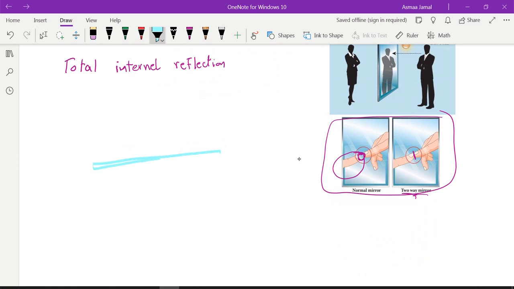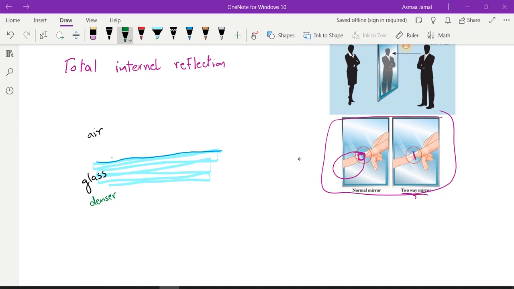Again, let's say we have the glass, and we have the air. Glass, of course, is denser than the air, and the air is rarer than the glass. This is the normal. If we have incident light traveling from denser to rarer, as we said, it will deviate away from the normal.